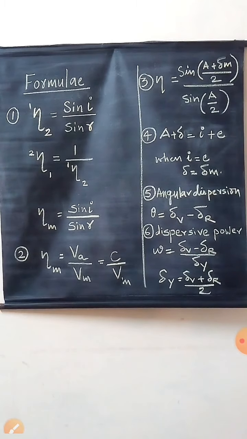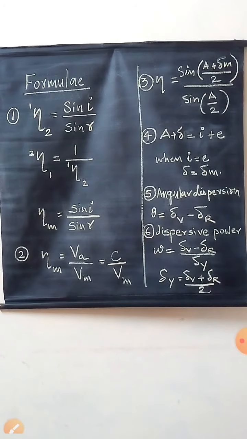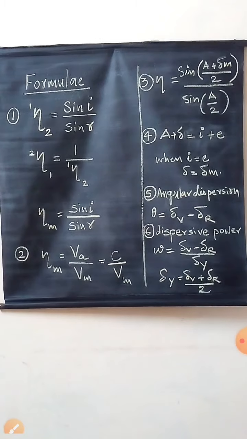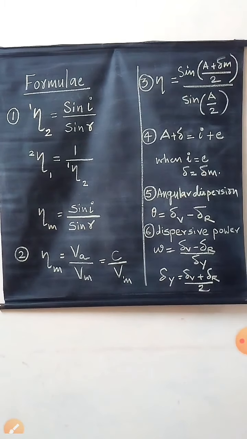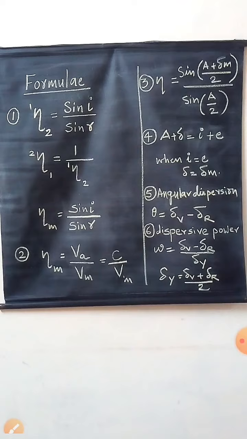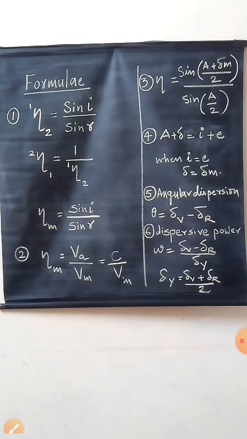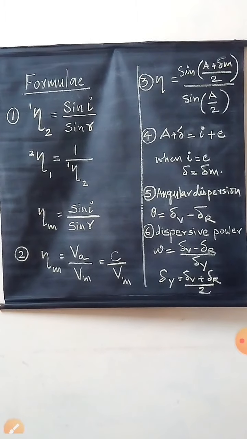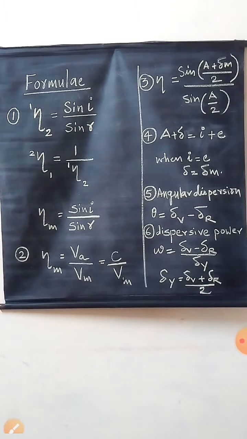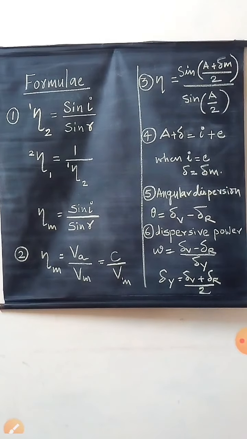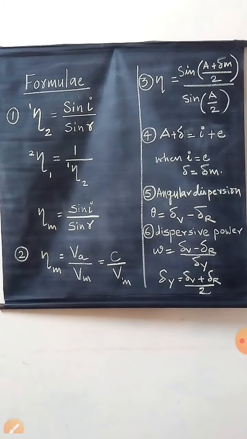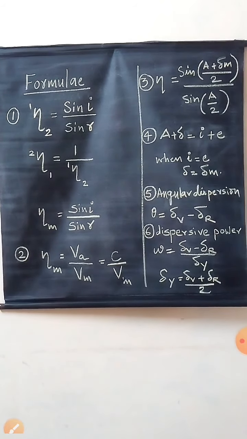See the next formula, formula number 3 on the right hand side top. So eta, refractive index of a prism, is given by sine of (A plus delta M) by 2 upon sine of A by 2. So now you all know that A is the refracting angle of the prism or angle of the prism, which is equal to 60 for an equilateral prism, and delta M is the angle of minimum deviation.